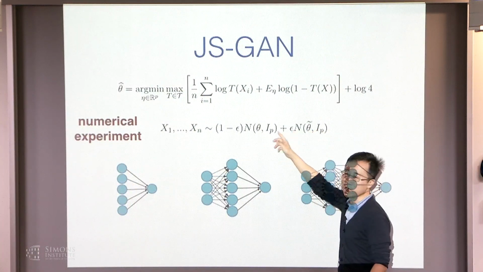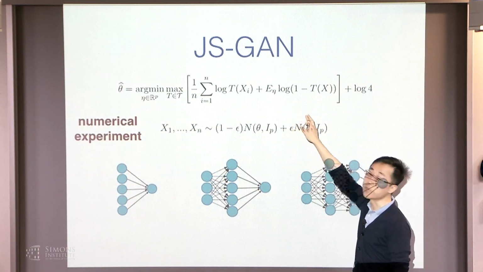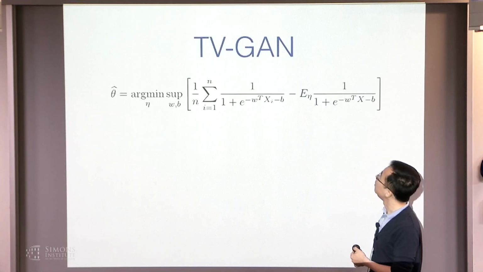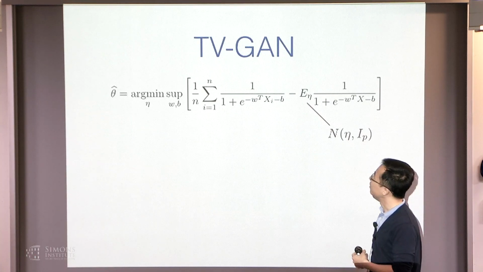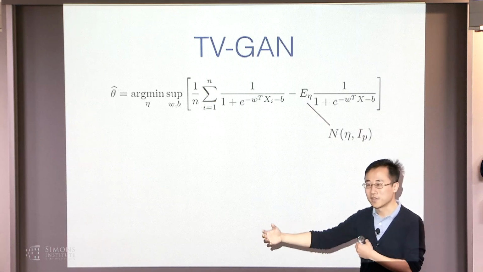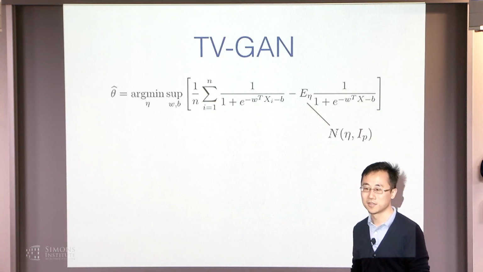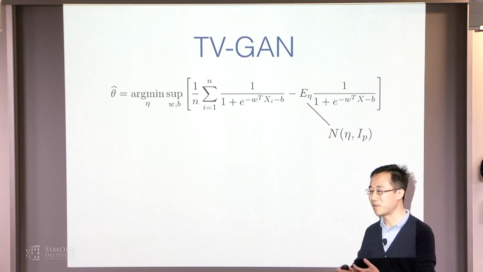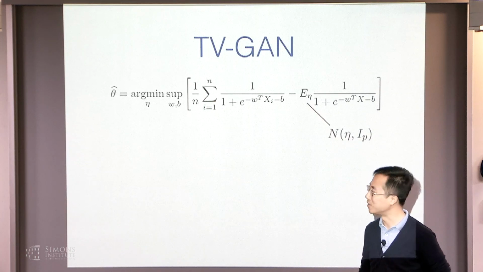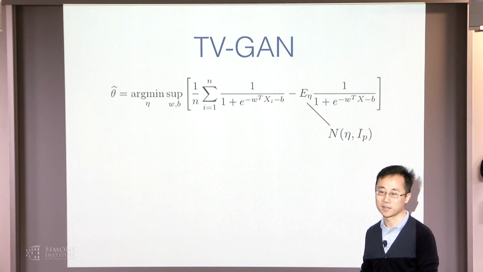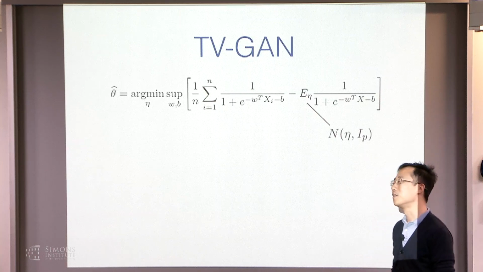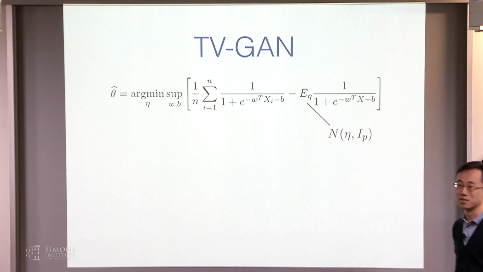It's about epsilon away from theta, but not for total variation GAN. For total variation GAN, the further the contamination, the harder it is, because if it's very far, the landscape becomes a problem. Then it will be stuck at a local optimum, which will cause a problem. So depending on the loss function, I think what you are really asking is in information-theoretic terms, but that I don't know.